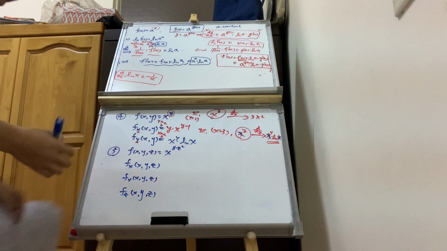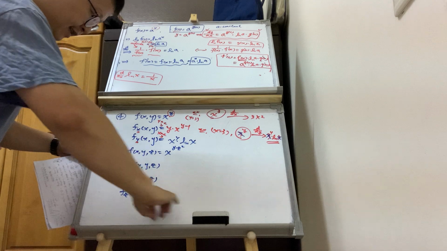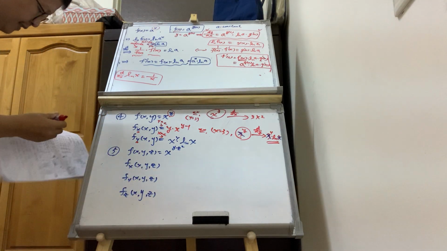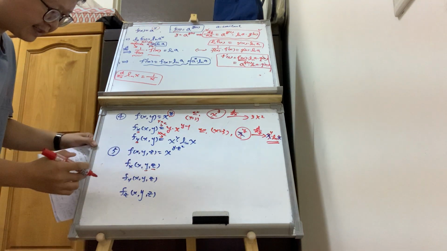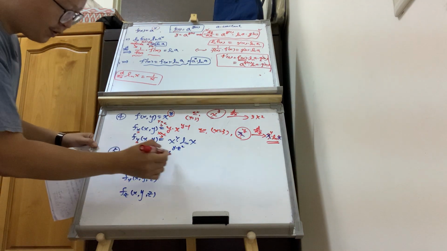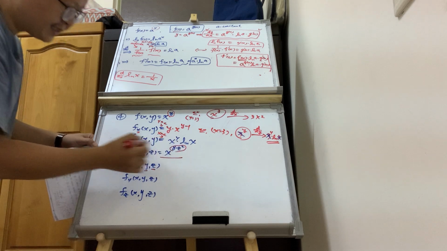But first of all, if the variable is x, then y and g are constants, so its power is constant.